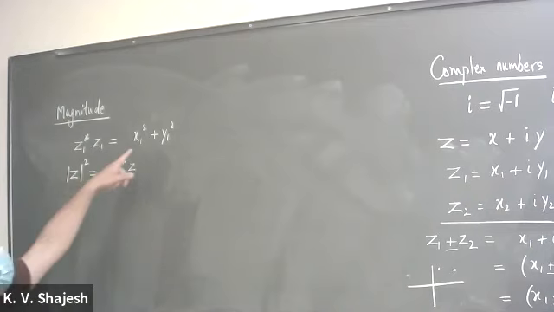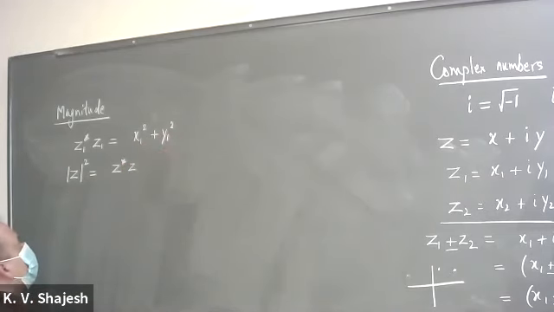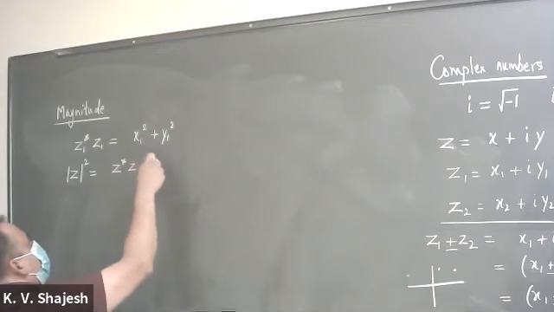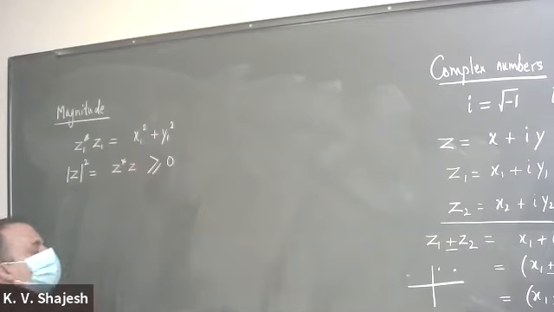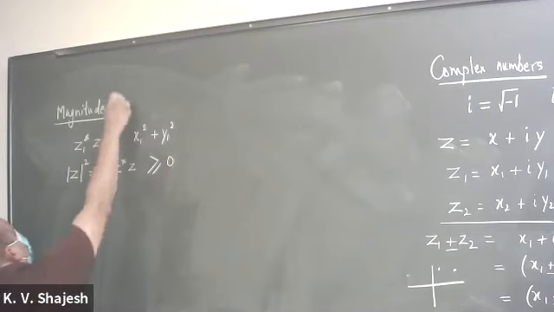Since this is the sum of squares of two real numbers, this is always greater than or equal to 0. It can be 0 if x and y are 0. Right. And since it is always greater than or equal to 0, this is going to be defined as the magnitude or absolute value of the complex number. So this is also called the absolute value.